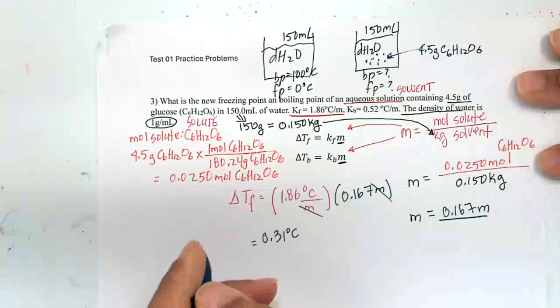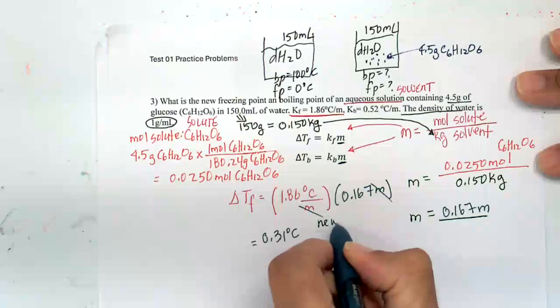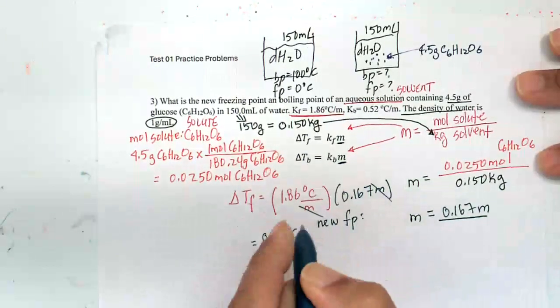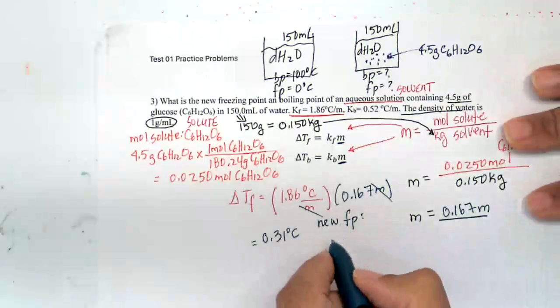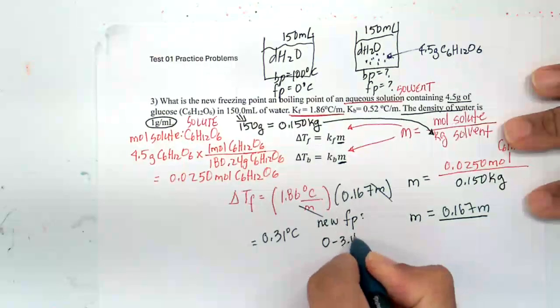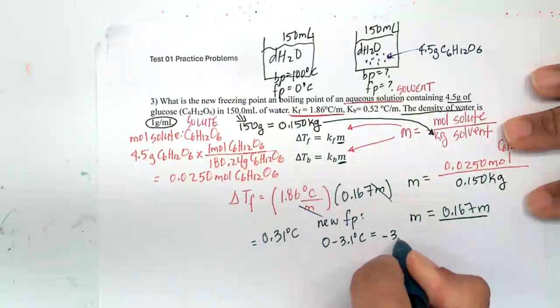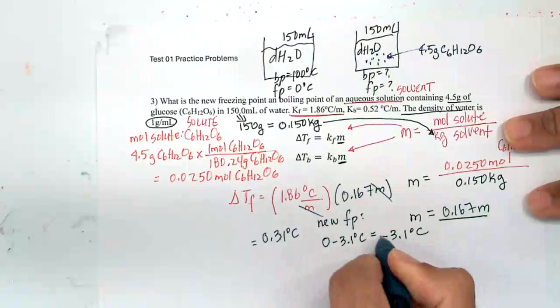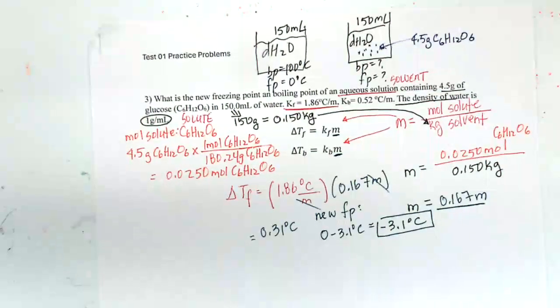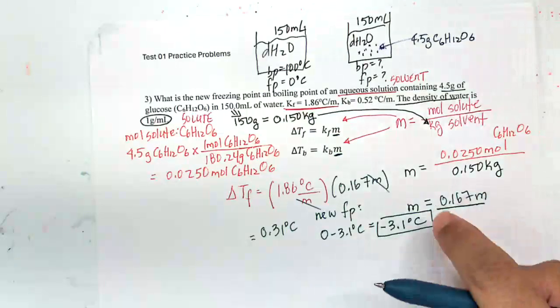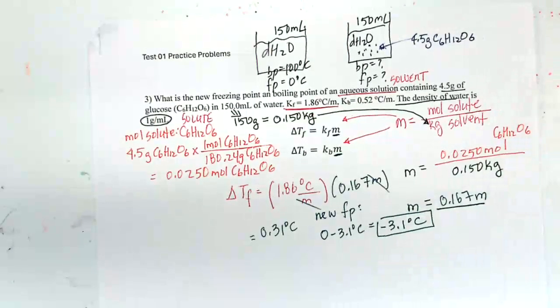Okay, what's the new freezing point? It's going to be 0 degrees minus 0.31. So the new freezing point of water is about minus 3.1 degrees C. Yes? So that's the new freezing point. This is the answer you want to put on the test.